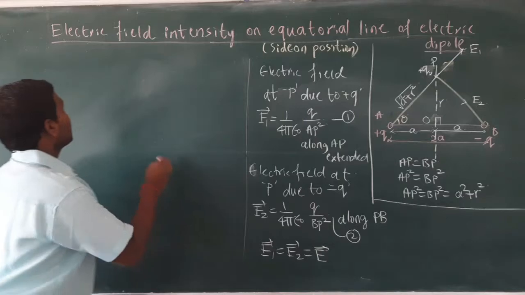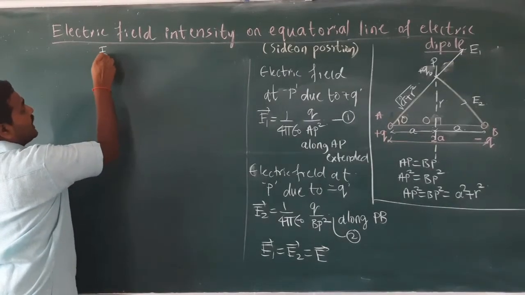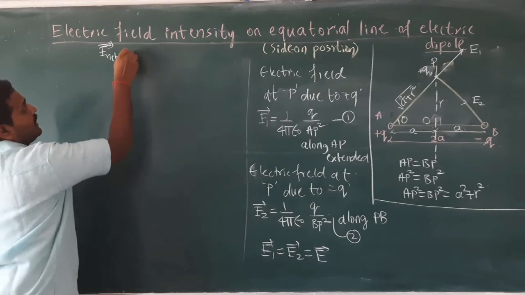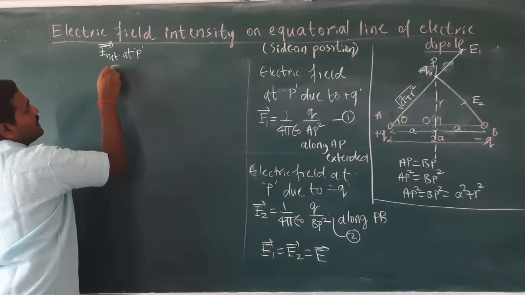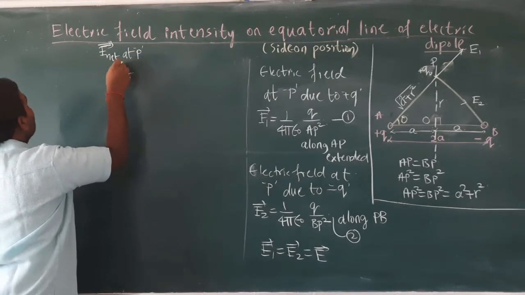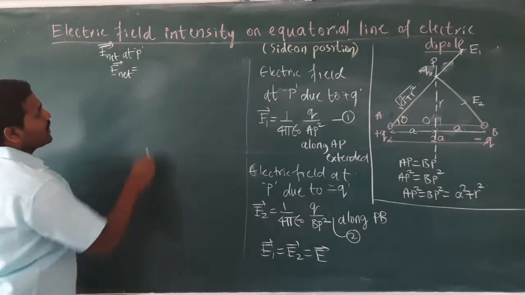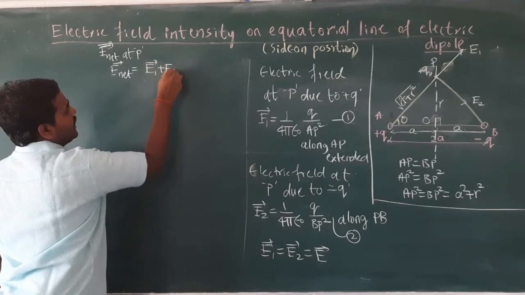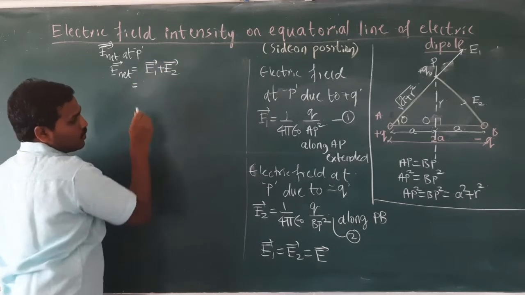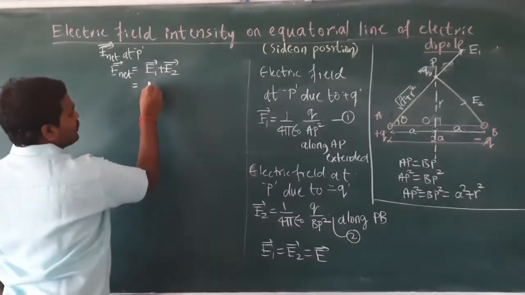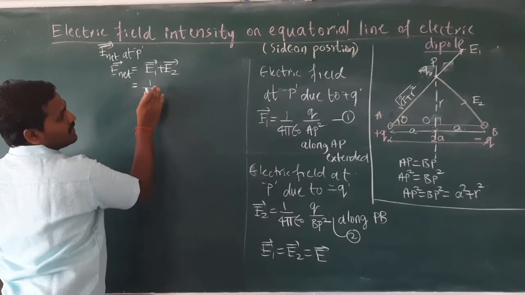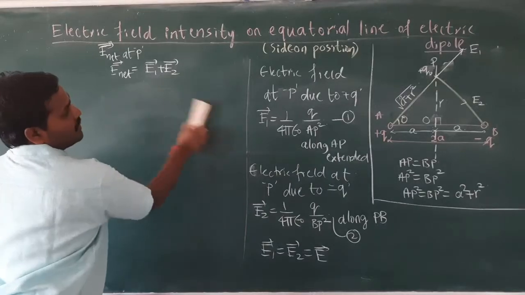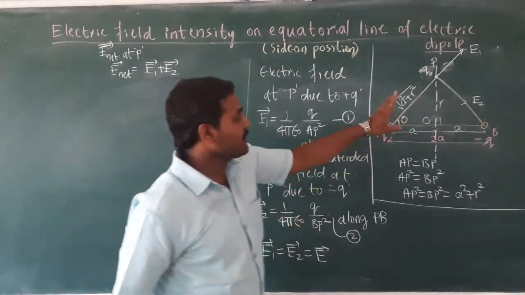So I write it here, that is the net electric field intensity at P, E net is equal to the vector sum of E1 and E2. So better, let us solve it by the graphical method.